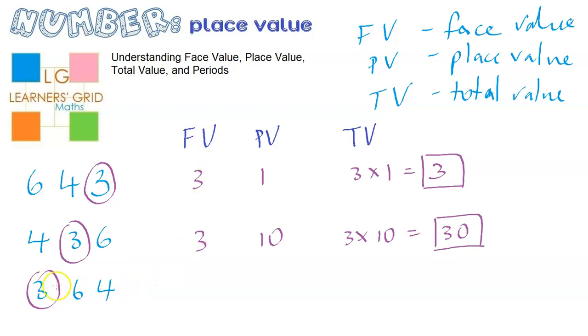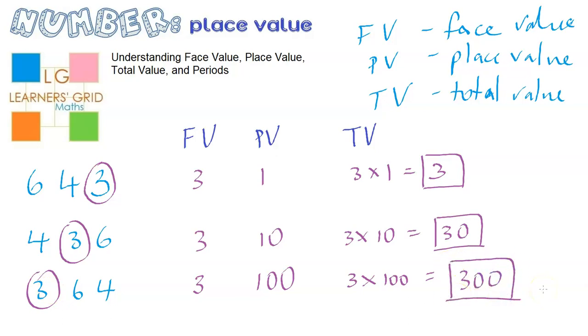The face value is just whatever it is when you look at it. It's a 3. The place value, though, is in the hundreds. So the total value becomes 3 times 100, it's in the hundreds place value. So the total value of this 3 is 300.